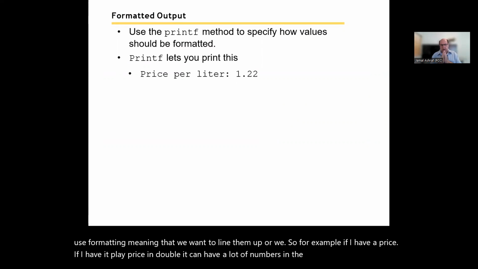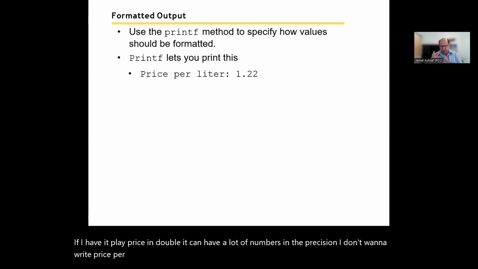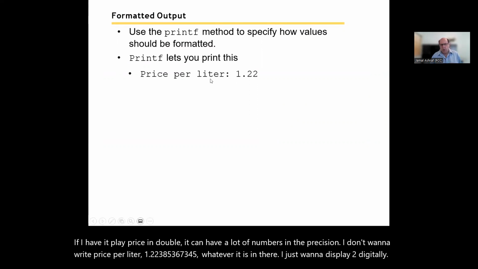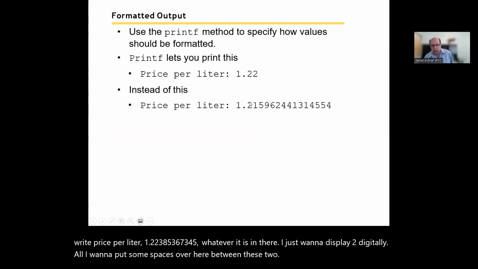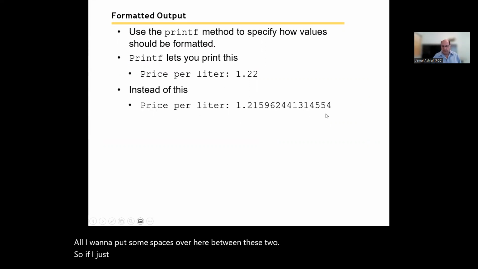I don't want to write price per liter 1.22385367345, whatever it is in it. I just want to display 2-digit. Or I want to put some spaces over here between these two. So if I just print it, this is the words I'm going to get.